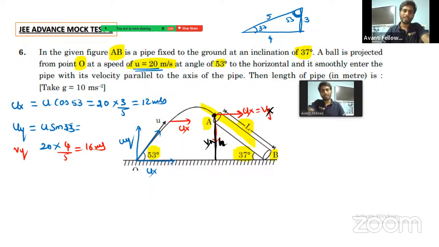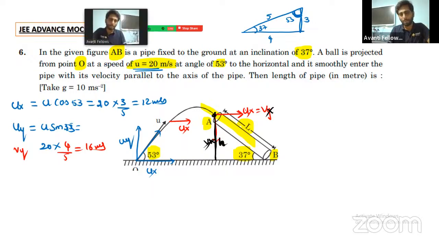Now tell me how to find the Vy value. It is entering the pipe in this direction, making an angle of 37 degrees. This angle is also 37 degrees, as it is an alternate angle. So I write tan theta, which is equal to opposite by adjacent, in terms of velocity Vy divided by Vx.